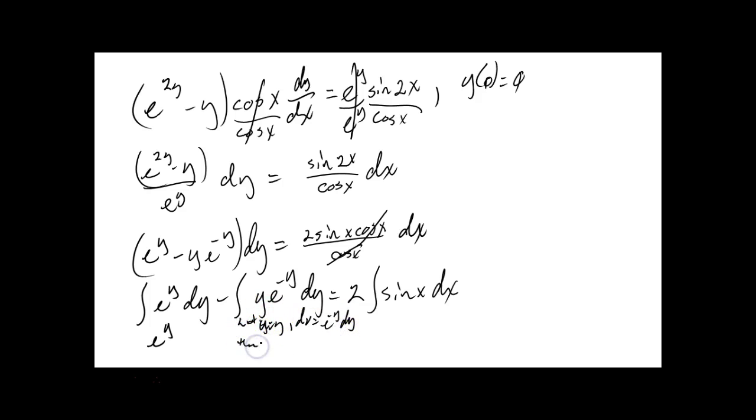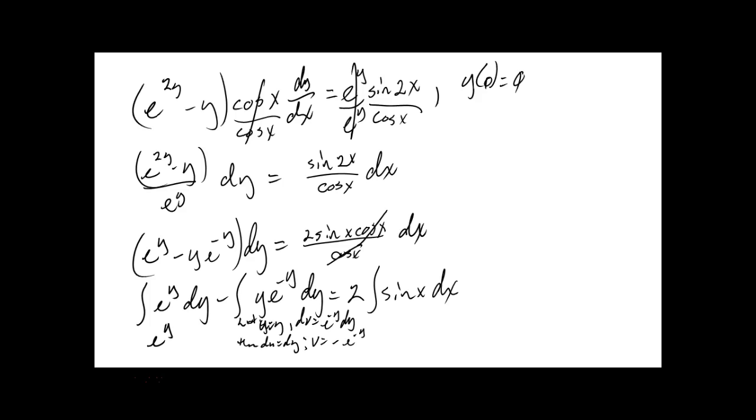Then du is equal to dy, good, and v is equal to minus e to the minus y, right? Yeah. Okay.